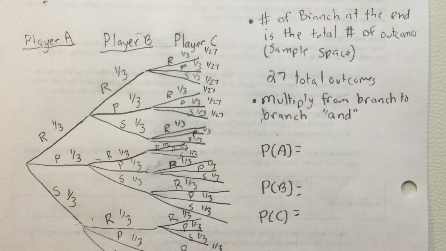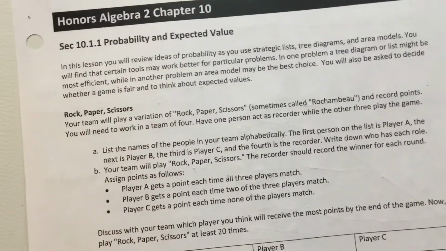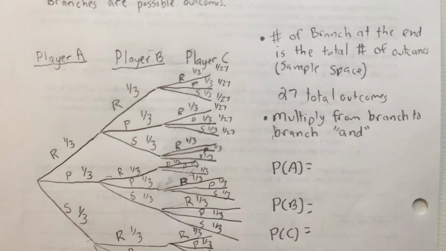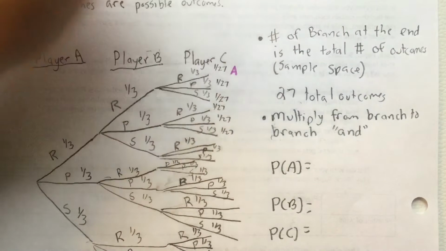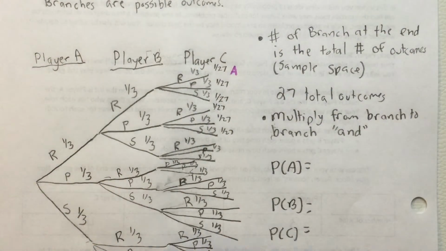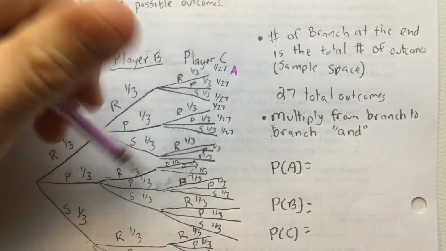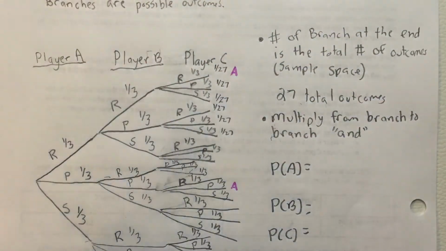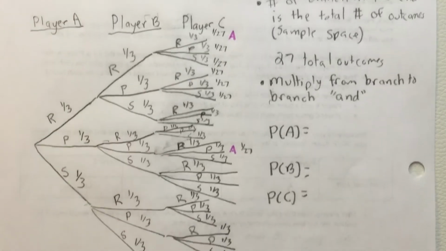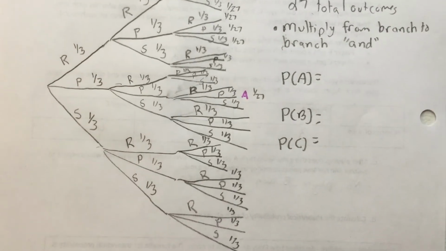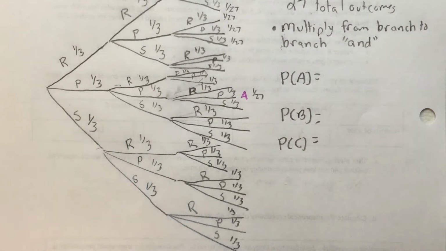So if we go look here now, probability player A won when all three matched. So player A won with rock, rock, rock. So I'll put an A here. Player A would win with a paper, paper, paper, which is right here. Again, that's 1 out of 27 as well. And player A would also win with scissors, scissors, scissors.